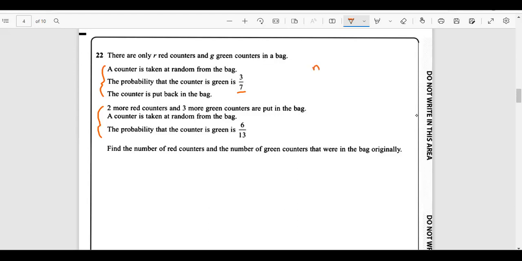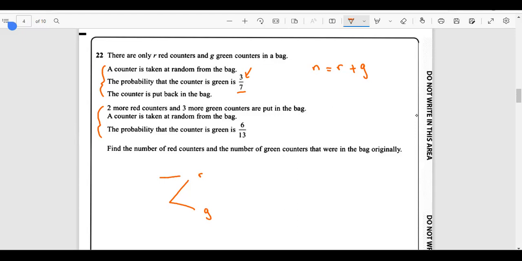We have R red and G green counters, so the total number of counters is R plus G. The probability that the counter is green is 3 by 7. This is the numerical value, but what would be the value in terms of R and G? If I make the tree diagram for the first scenario, either the counter is going to be red or green.